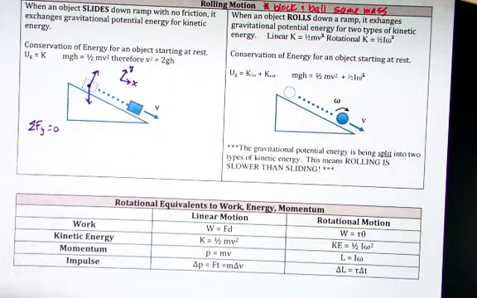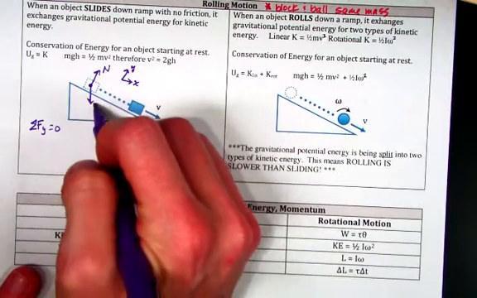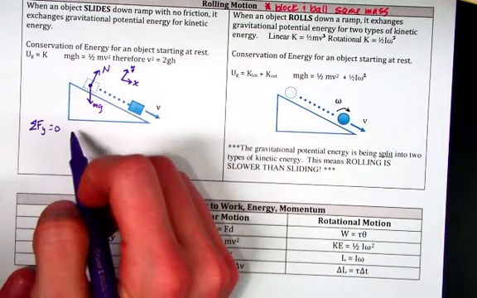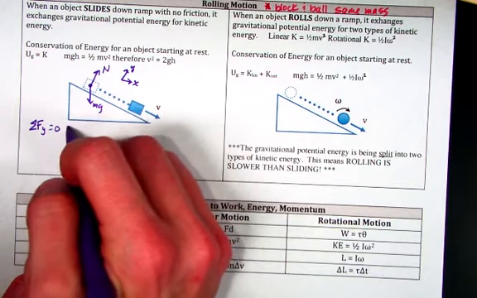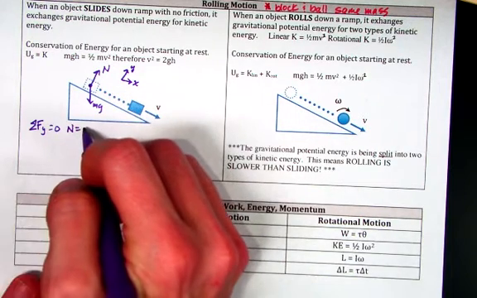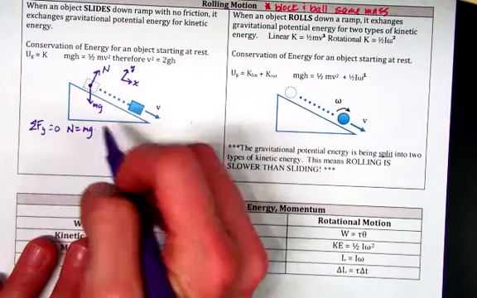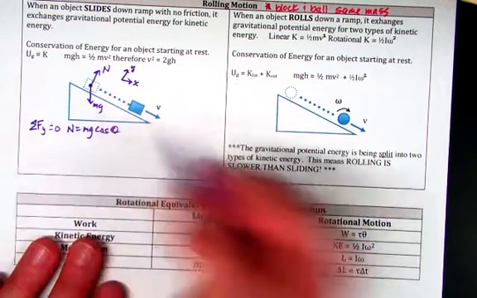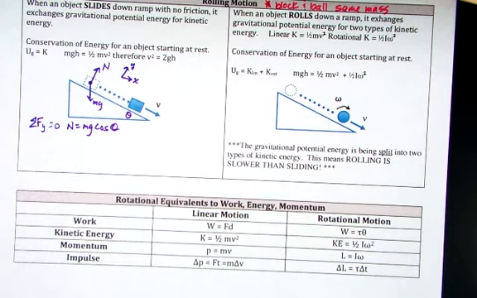And what other equation can we write because of that? We're going to have the normal force equal to mg cosine theta, where this is our theta right here. We'll just assign that theta. So it's going to be mg cosine theta. We know that equals the normal force.